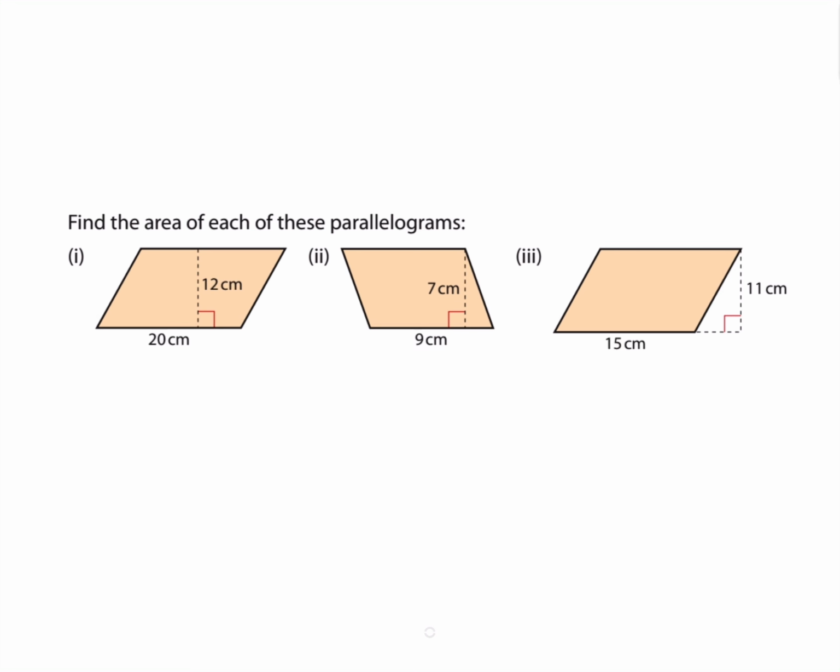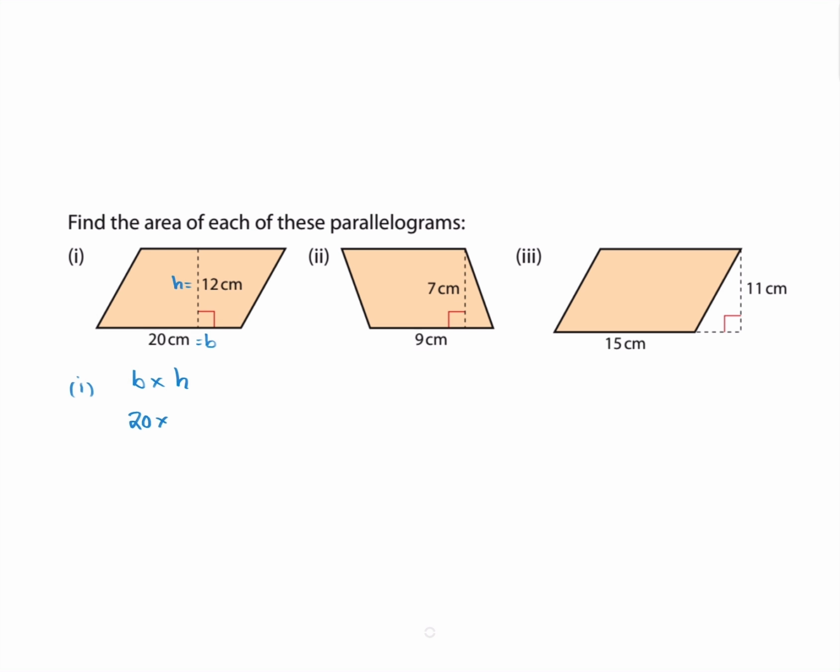So the first one here, number 1, we are multiplying the base by the height. So let's find out what the base is first. The base is 20, okay? And the height here is 12. So now we know what the base is and what the height is. So all we have to do now is just multiply the two.